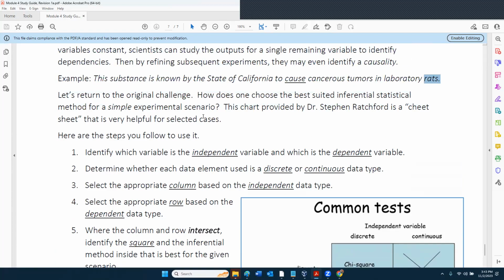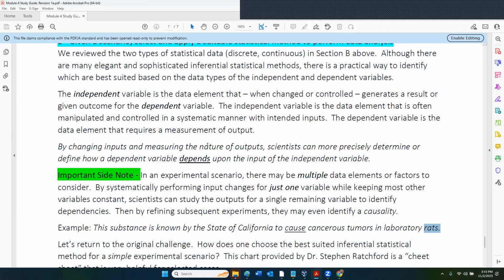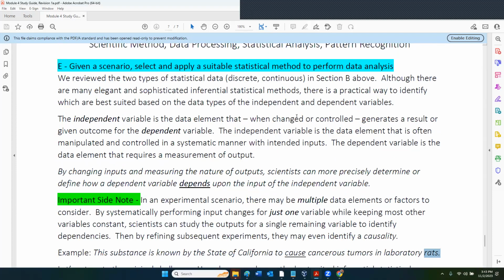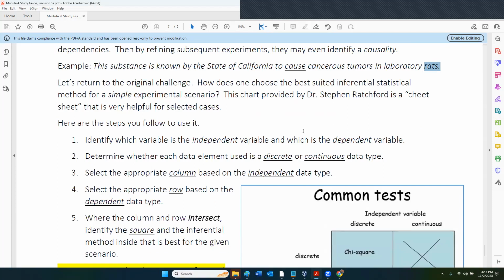So in every scenario, when you have a quantity that's being manipulated or controlled, that's the independent variable, right? That's the independent data element. And so what you have to do is determine first which variable is the independent one and which one's the dependent one. That's the first step, okay?